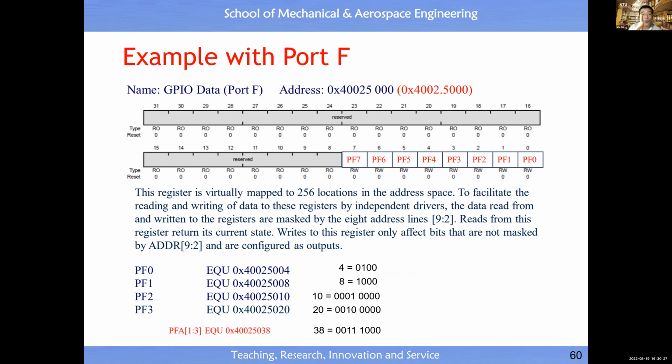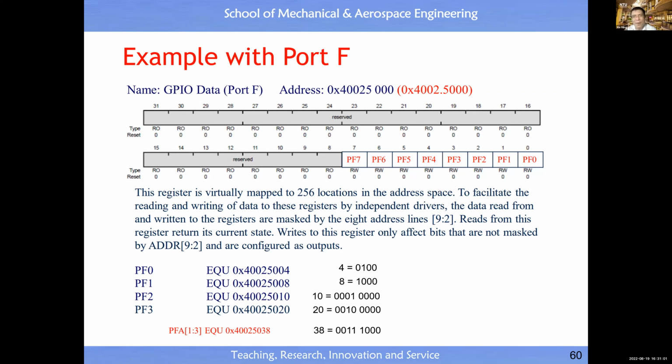For example, if I have a sensor connected in port F or an actuator connected in port F, then I can use the address data to know whether I allow the data bits which are connected to port F, because port F has only 8 pins, pin 0 all the way to pin 7, right?